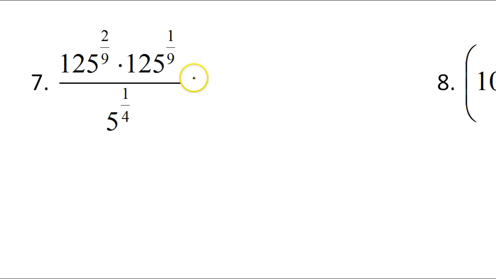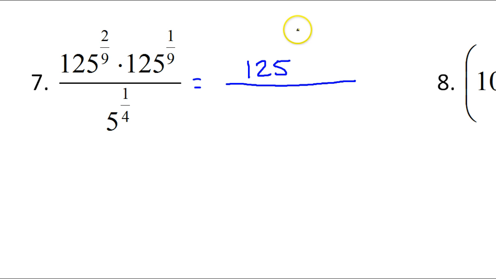Let's start with the numerator. Look, if the bases are the same, I can do something with the exponents. So 125, 125. The bases are the same, so I can add these exponents. Now, 2/9 plus 1/9 is what I'm doing.